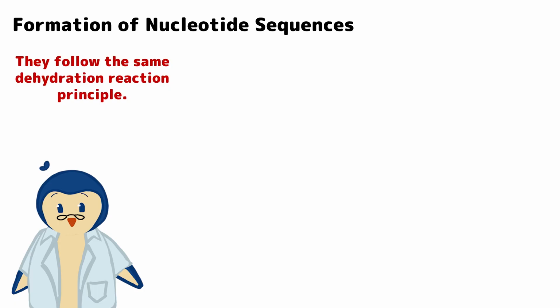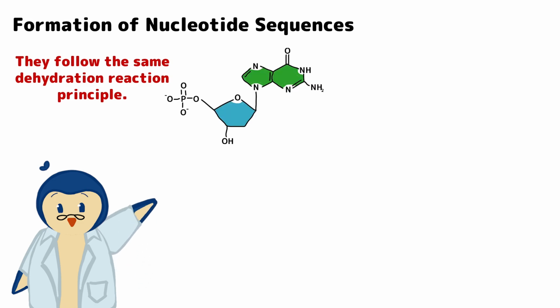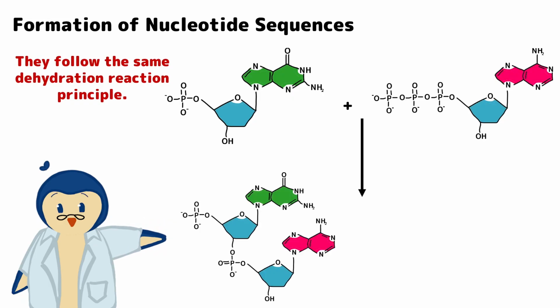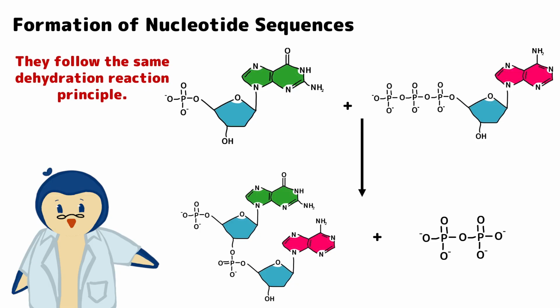So what happens is that when we want to synthesize a new nucleic acid, we take the 3-phosphate variant of this nucleotide, add them together, and we attach this phosphate bond to the OH of the ribose, and we get the larger nucleic acid, and we also get the pyrophosphate, which could also be used as an energy source later on.